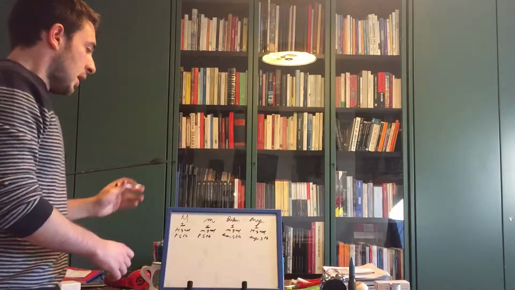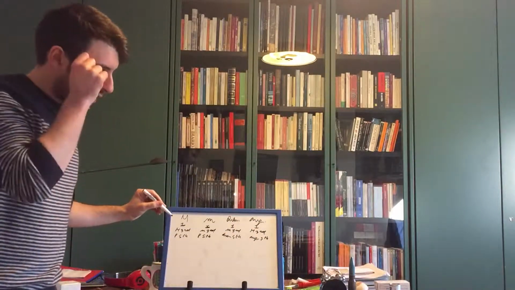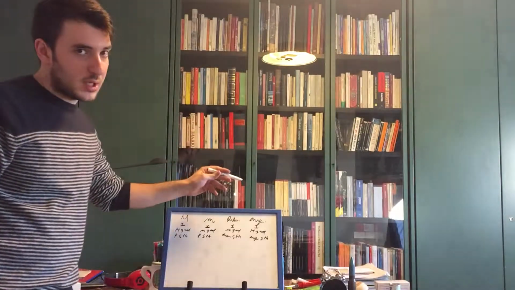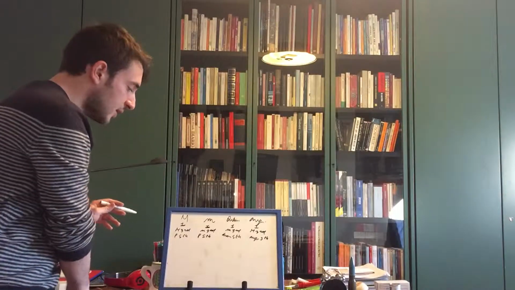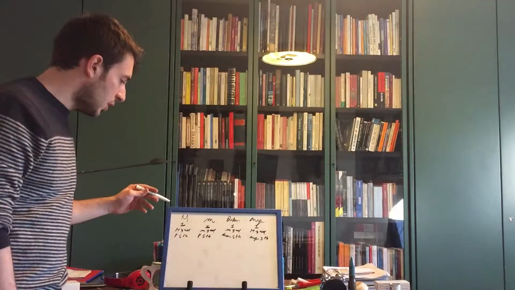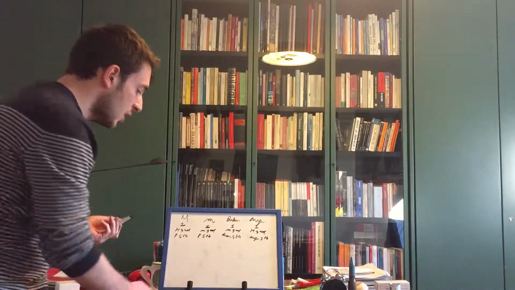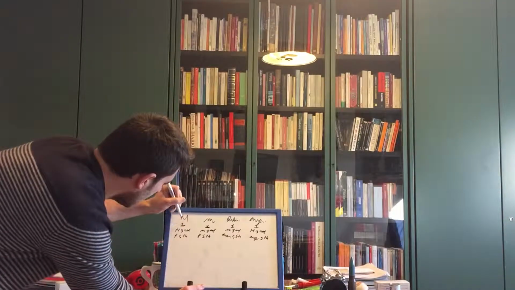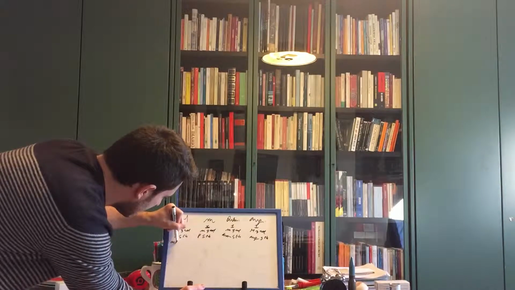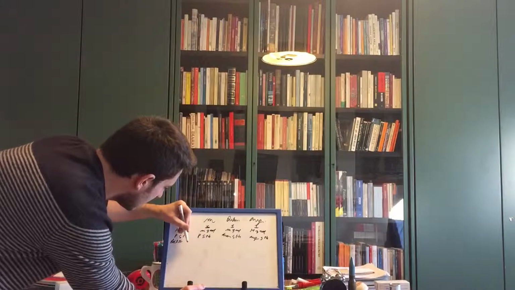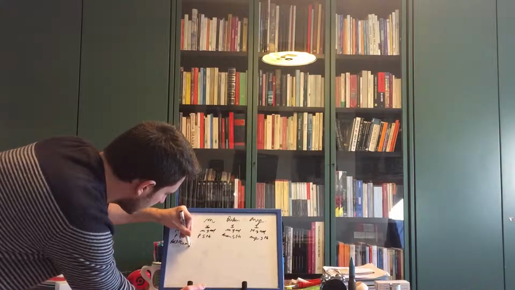Okay. Now these are the main chords. So the major chords, minor chords, diminished chords, and augmented chords. But adding other notes to these triads, we will have different kinds of chords. For example, if we add a major 7 to this triad, we will have a major 7 chord.